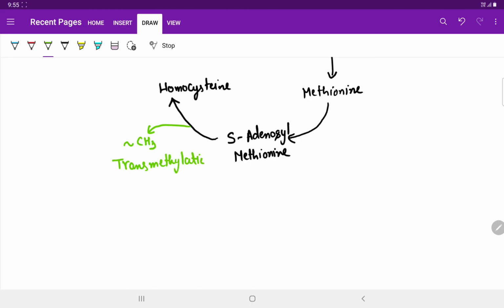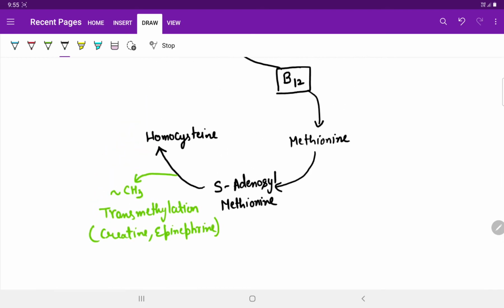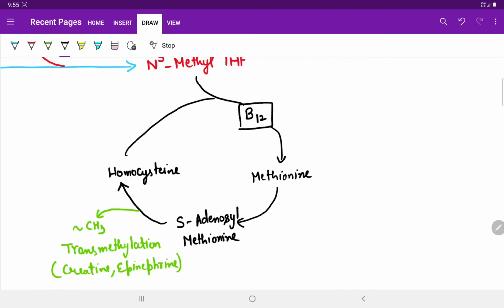Now this transmethylation process leads to the synthesis of creatine, epinephrine, melatonin and other moieties, and this homocysteine is again transferred to this cycle.